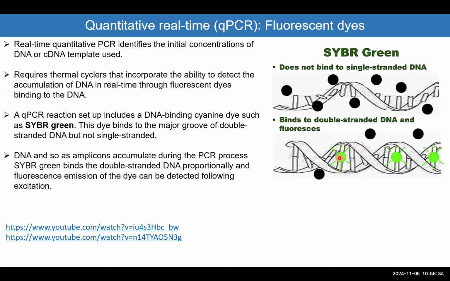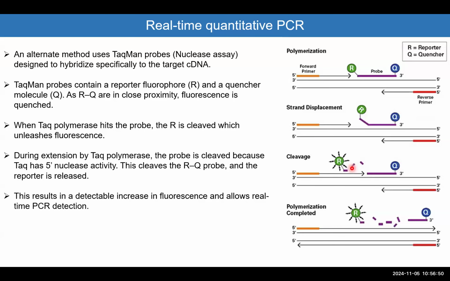Any secondary double-stranded DNA that is being generated will give a product of fluorescence. So scientists found a different way to get more specific, and this is by using the TaqMan probes. With TaqMan probes, we have the probe, which is a specific sequence that binds to a specific gene.